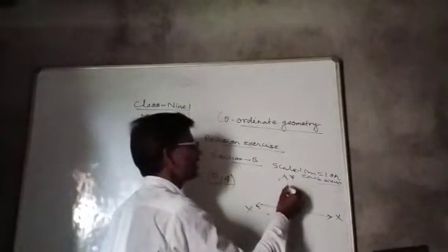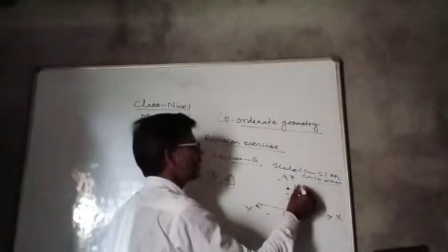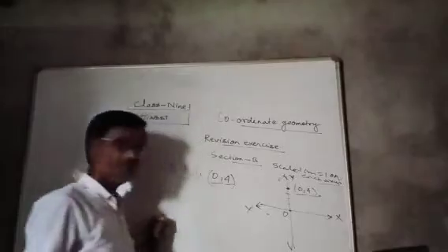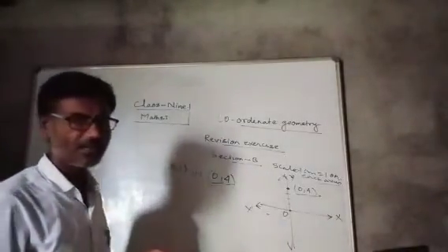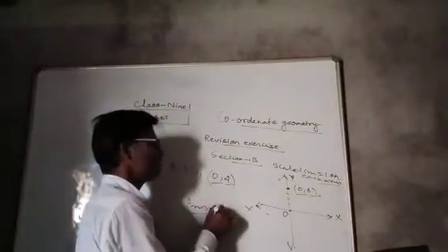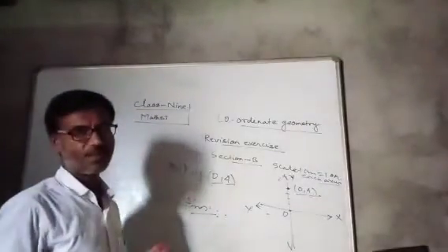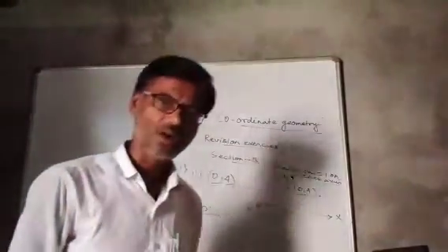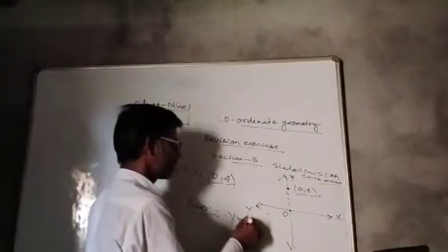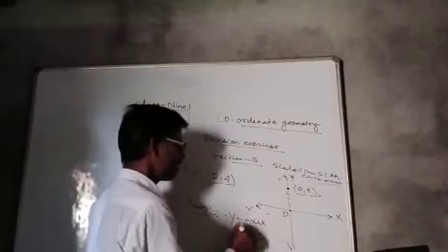So we reached here. Here we got the point 0 comma 4. Now it is clear from the figure that the point lies on the y-axis, the positive part of the y-axis, the part of the y-axis lying above the origin. So we will write simply y-axis. The point lies on the y-axis.